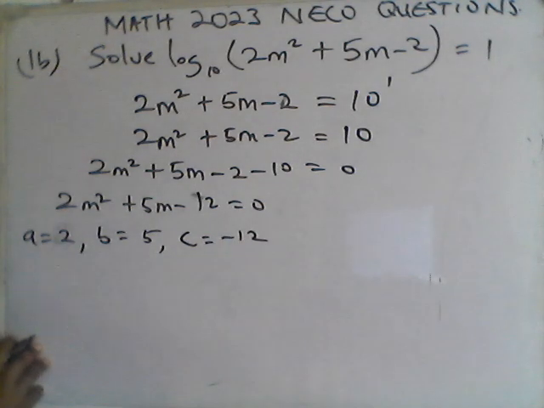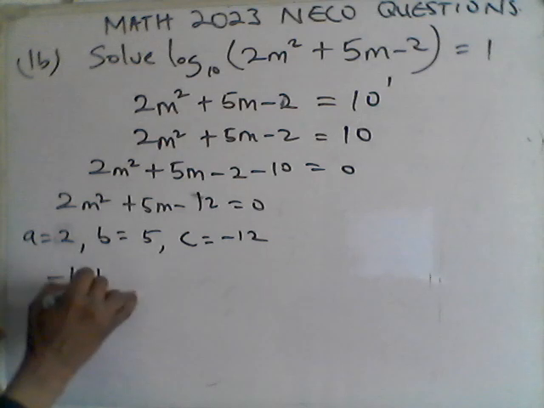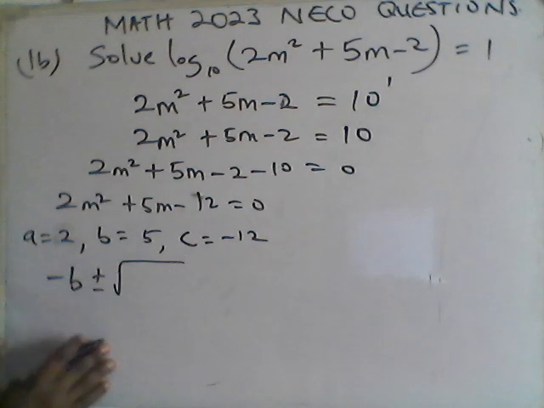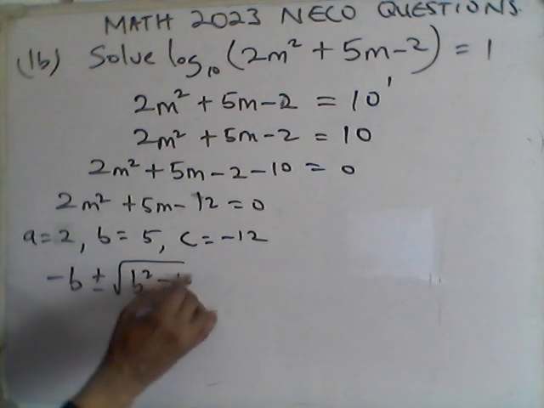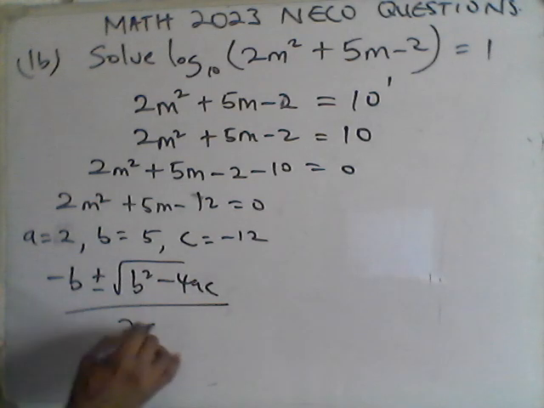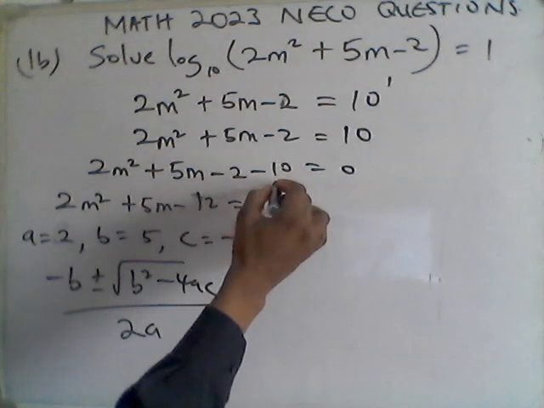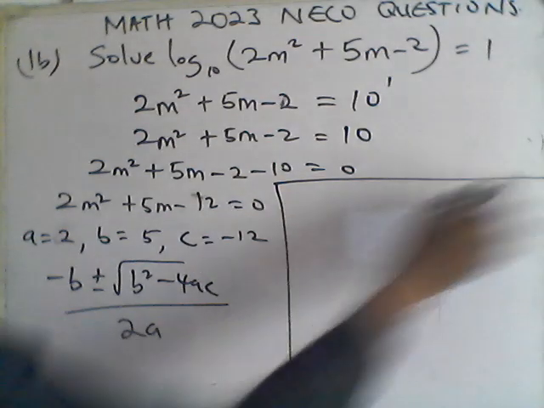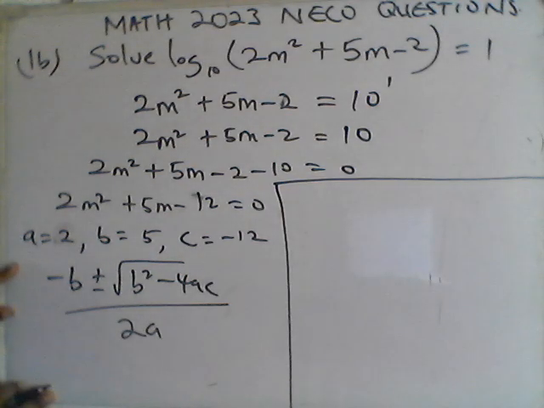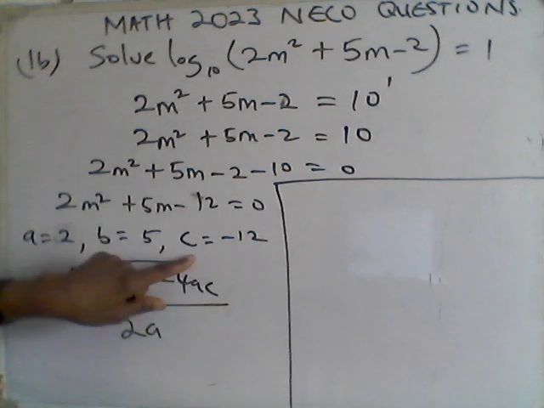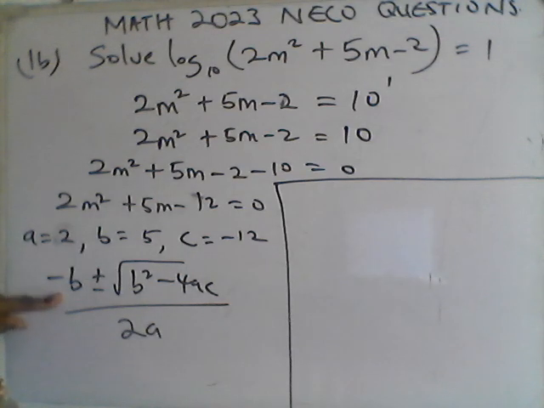So using the quadratic formula, the root of this equation is minus b plus or minus square root of b squared minus 4ac over 2a. Okay, so I'm going to divide this board into 2 so that I can finish up my calculation. I'm going to be getting 2 roots. So I'll define what a is from this expression, what b is, what c is, and plug them into this formula.